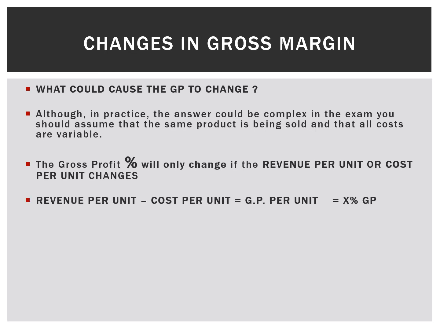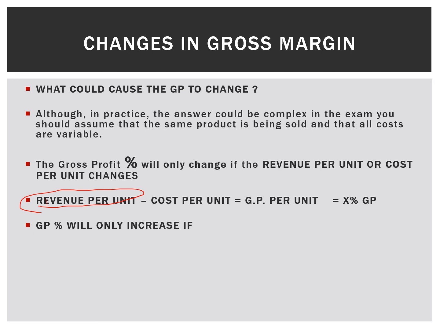So if you think about it as a formula, the selling price per unit minus the cost per unit will give us the gross profit per unit, and we can work out the gross profit percentage from that. Now, the only time that that percentage figure will change is if either in the first case the revenue figure changes or the cost figure changes.